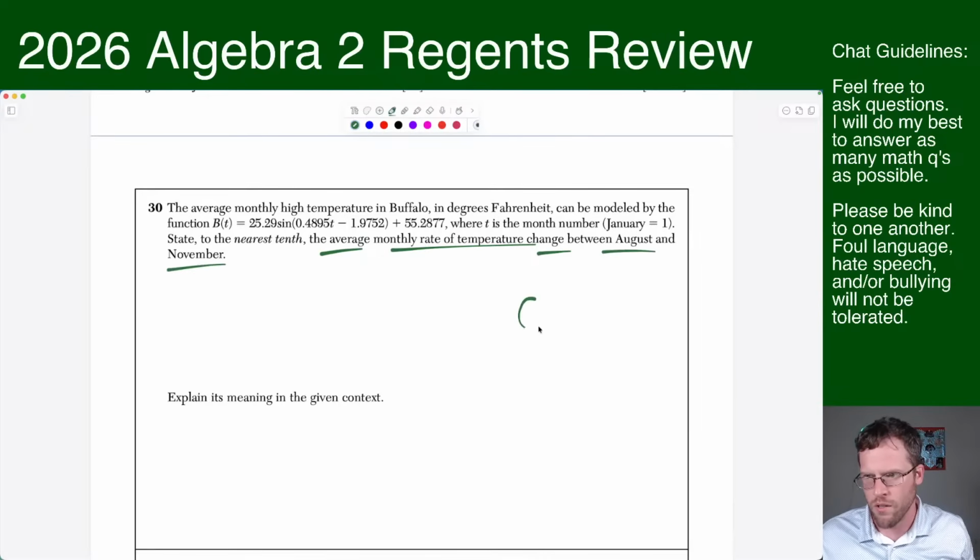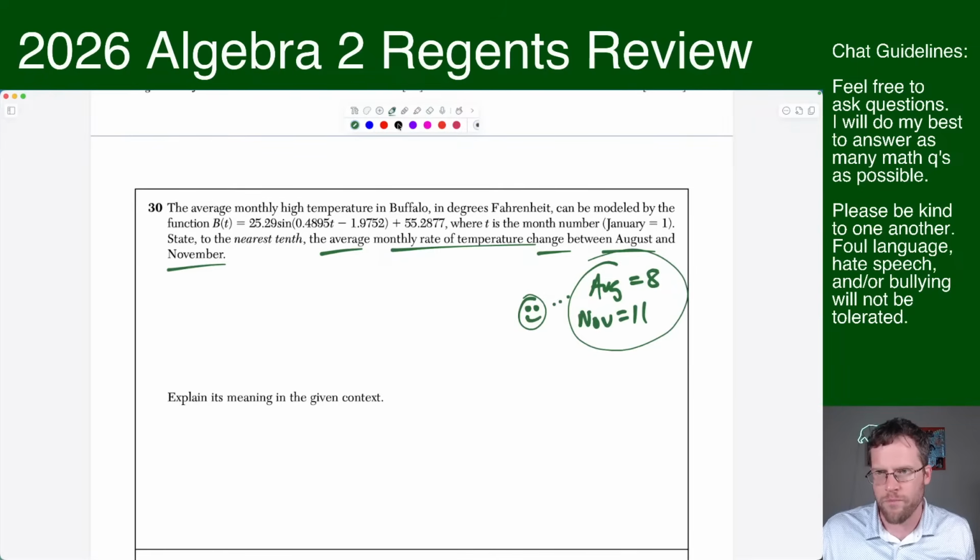Okay, so for this one, January is 1, so hopefully you know your calendar stuff. So August is equal to 8, and November is the 11th month. Okay, so that's what we're using here. So when we set this up, we're finding the average rate of change.